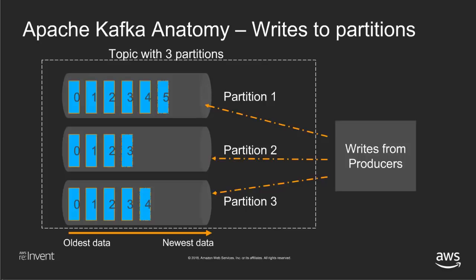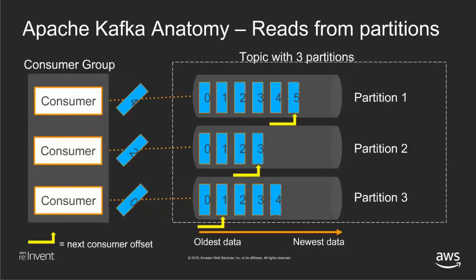As you can see here, you have writes from producers all going to different partitions within a topic in Kafka, and the order is maintained, and those records are also retained for a specific period of time.